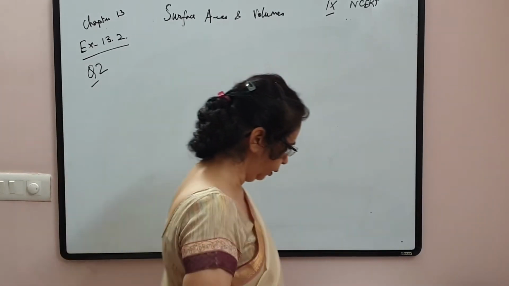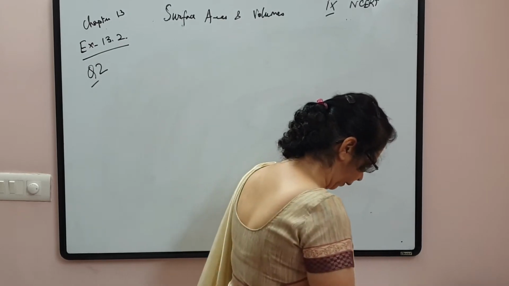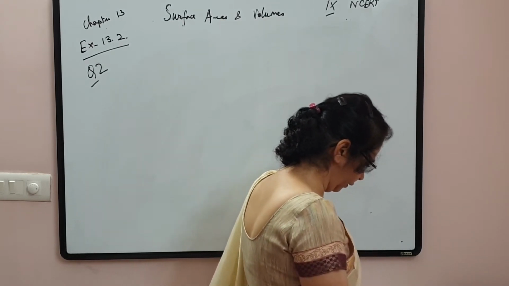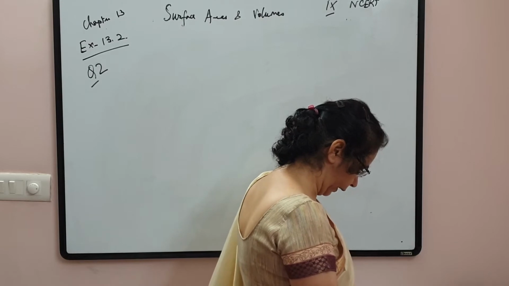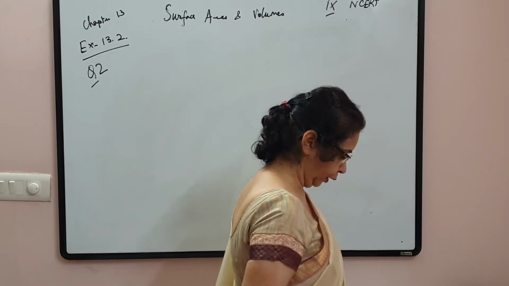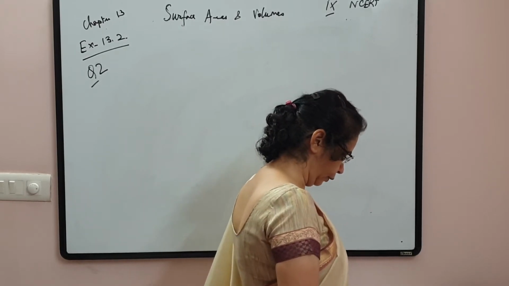Right, let's read the question, children. It is required to make a closed cylindrical tank of height 1 meter and the base diameter 140 centimeters. So what have they given you? Height of the tank is 1 meter.